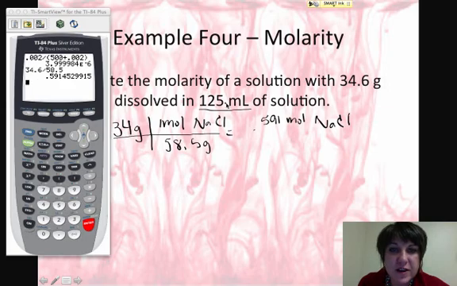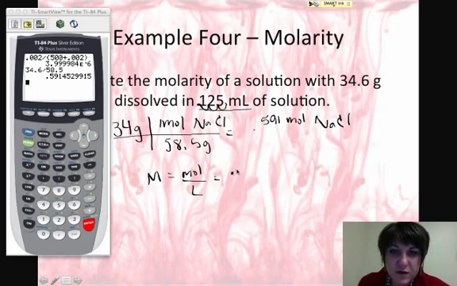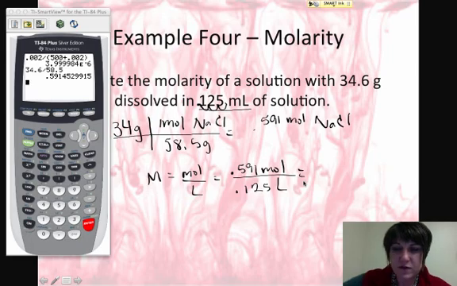We're just going to move the decimal 3 times over because milli is 1/1000th of a liter. So I move it 3 times, and I'm going to take my moles divided by my liters. That's what molarity means, how many moles per liter, right? So take the moles, 0.591 moles of sodium chloride, divide by your number of liters, which we converted from milliliters. It's 0.125 liters total solution, and we'll divide those two.